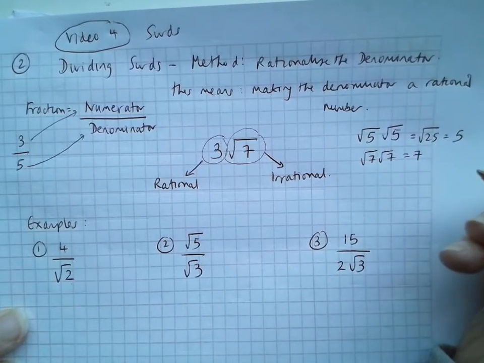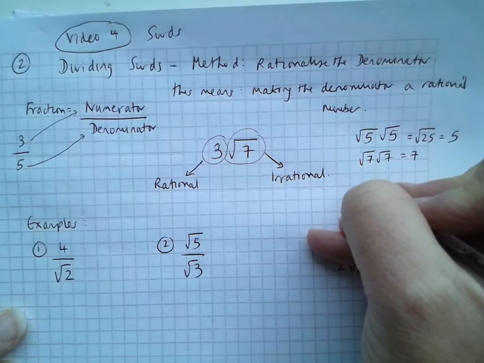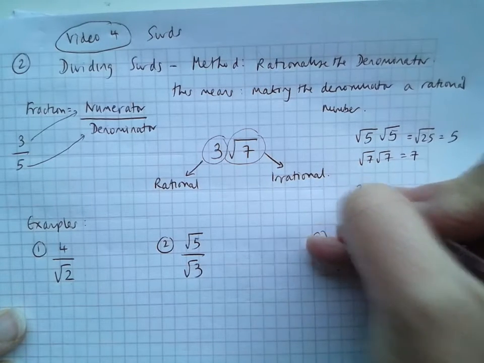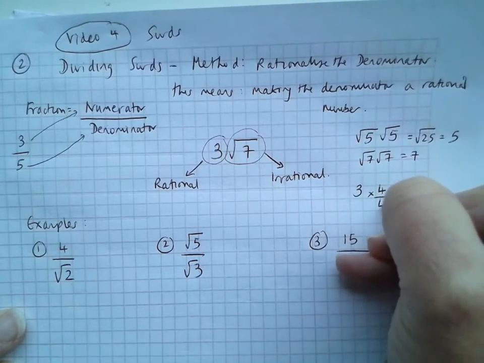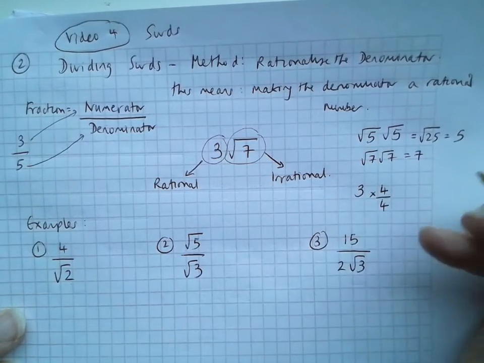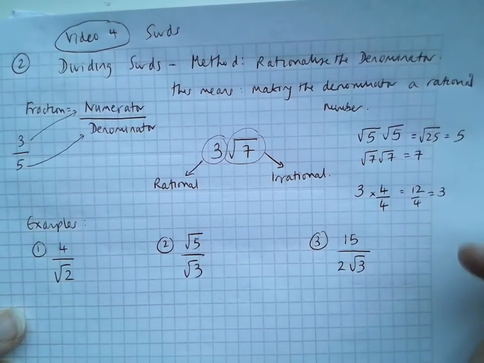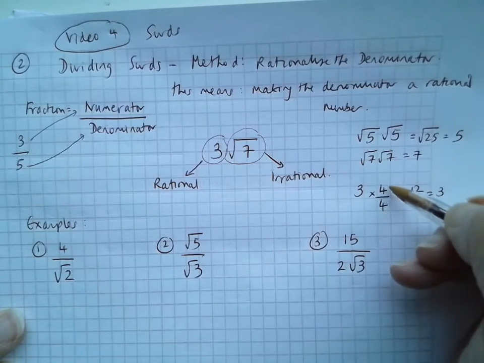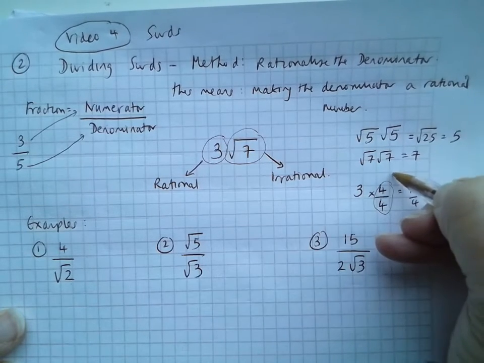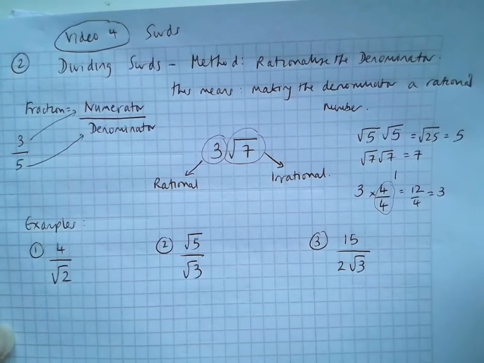We also use the fact that if we had something like 3, and we multiplied it above and below by 4, what would we end up with? We'd end up with 12 over 4, which would be 3. In other words, by multiplying it by the same thing above and below, which is something we use in maths a lot, we end up effectively multiplying it by 1, and multiplying something by 1 doesn't change it.